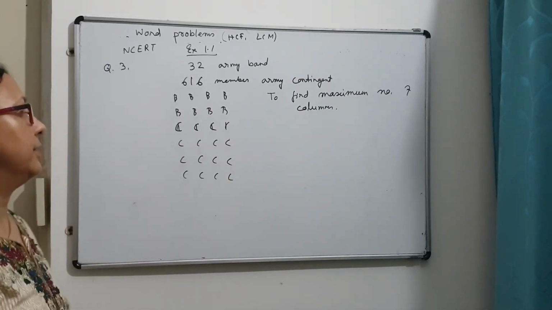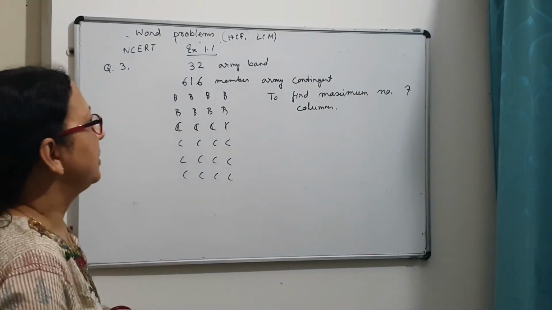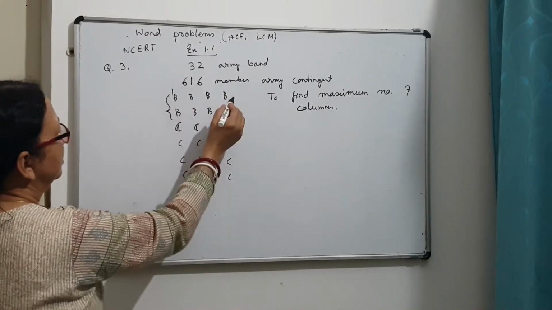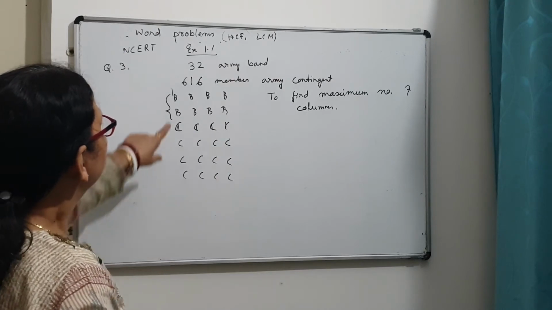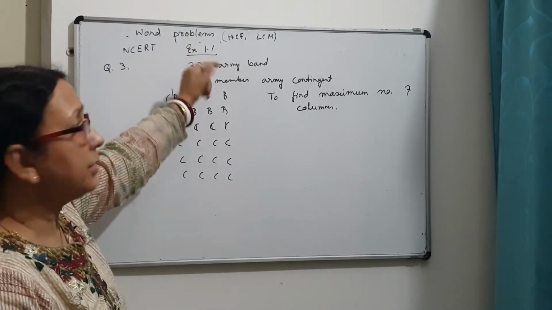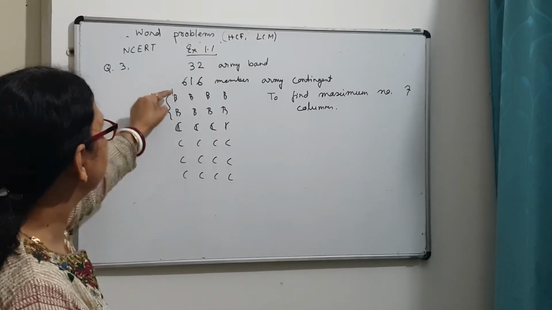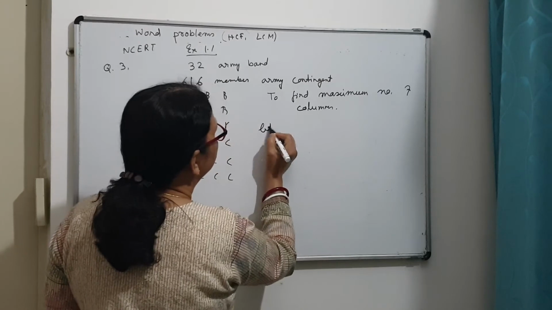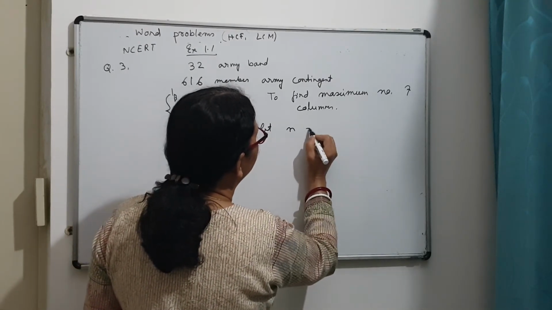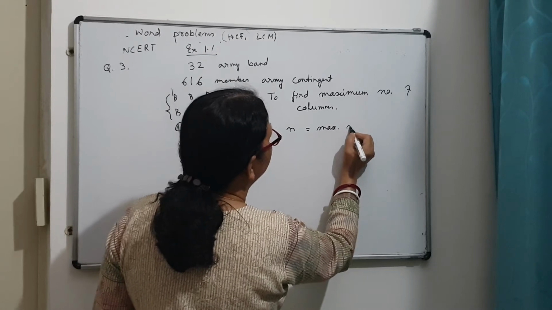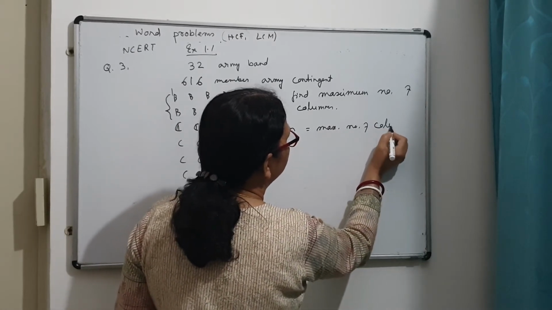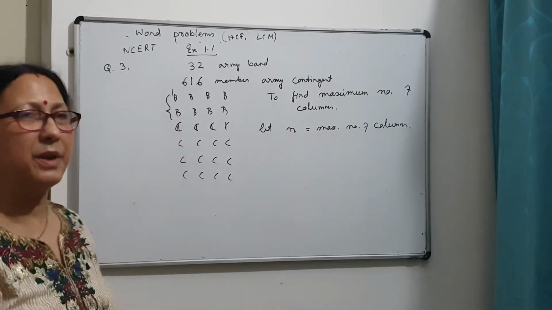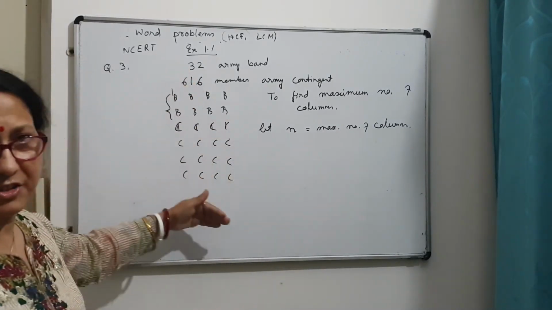You have to understand that this number of columns has to be a factor of 32, because the 32 army band members have to be distributed in these columns. So let n be the maximum number of columns, what we have to find out; we write it as a variable n. So let n be the maximum number of columns in which they can march in this way.